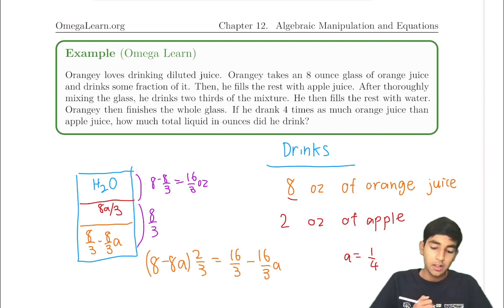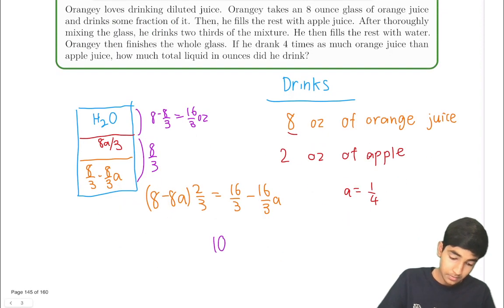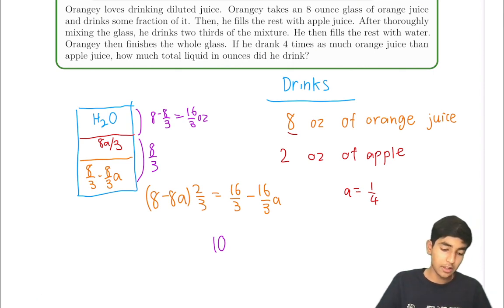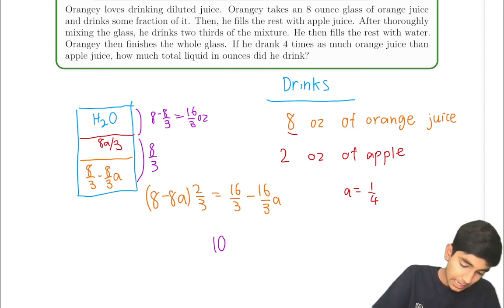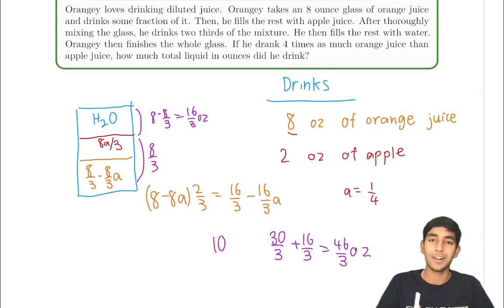So what we have to do is 10 total ounces of juices plus 16/3 ounces of water. And that gives 30 over 3 plus 16 over 3, which is 46 over 3 ounces of total liquid that was drunk.